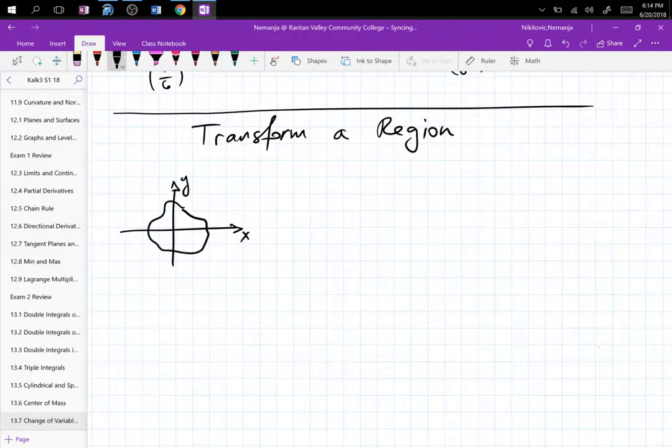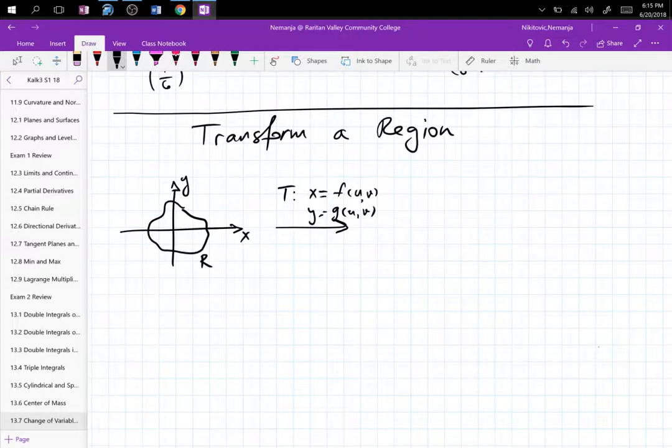I just draw the general region R, and then we are going to use the transformation T, where x is equal to some function f of u and v, and y is equal to some different function g of u and v.